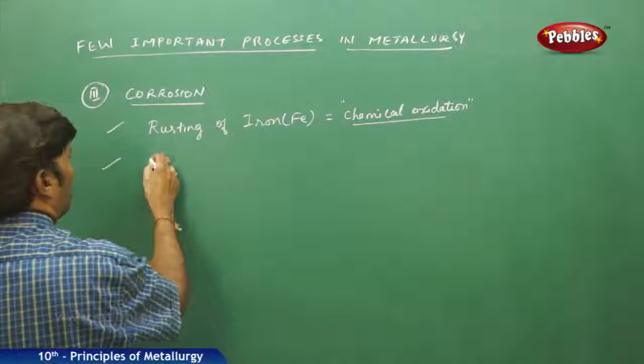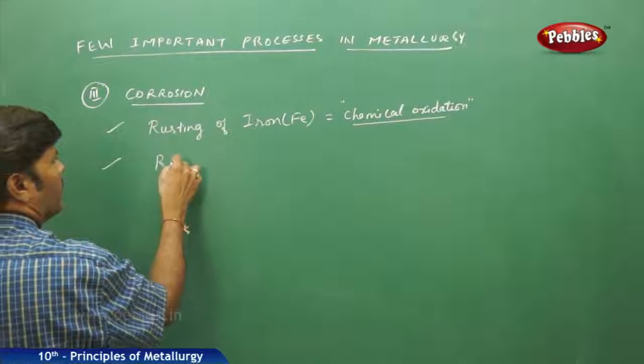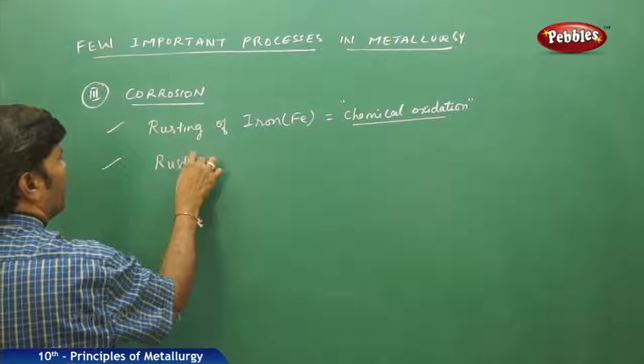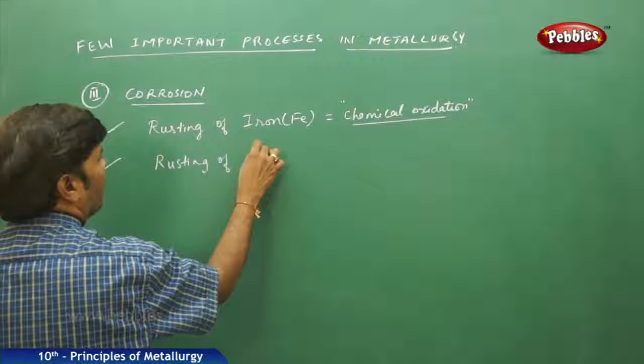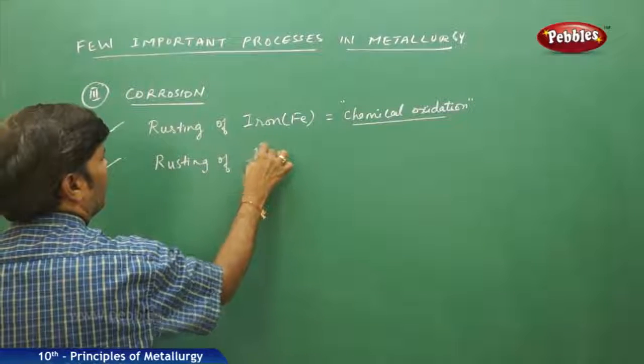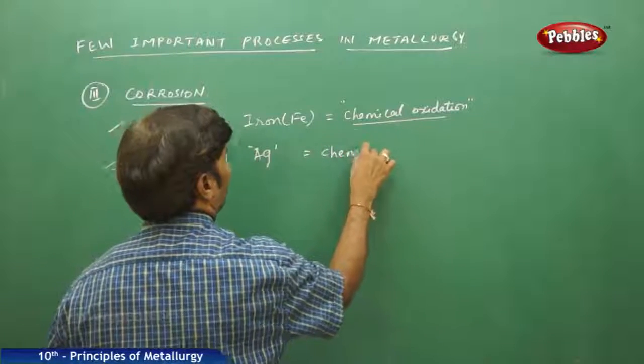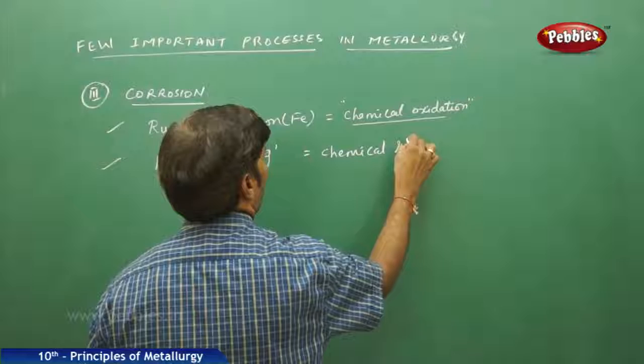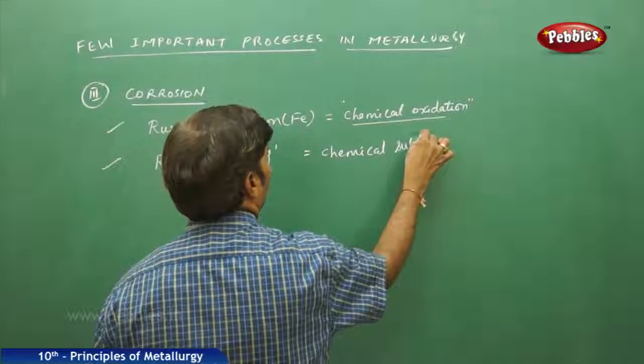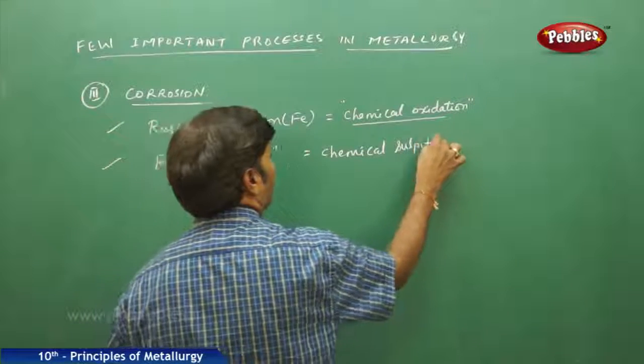Similarly, rusting of silver is chemical sulfidization.